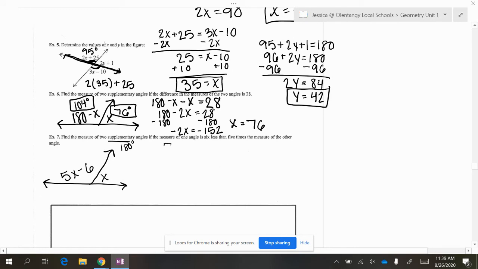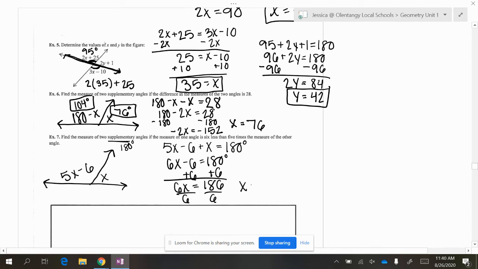So 5x minus 6 plus x should equal 180 degrees. Combining like terms, we get 6x minus 6 equals 180. 6x equals 186. And x to be 31.